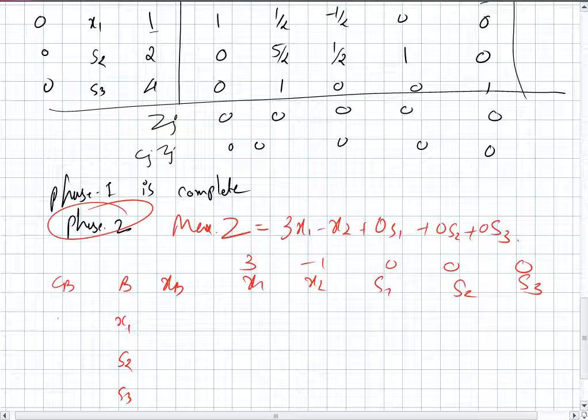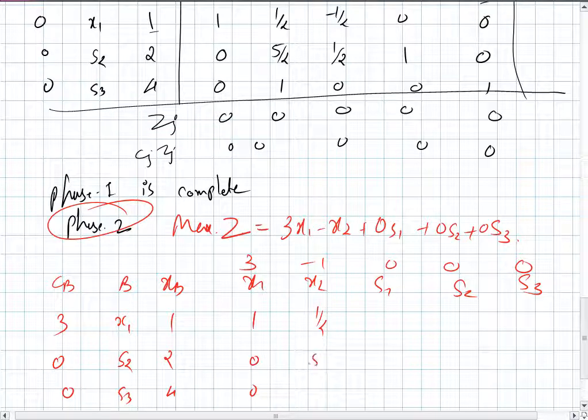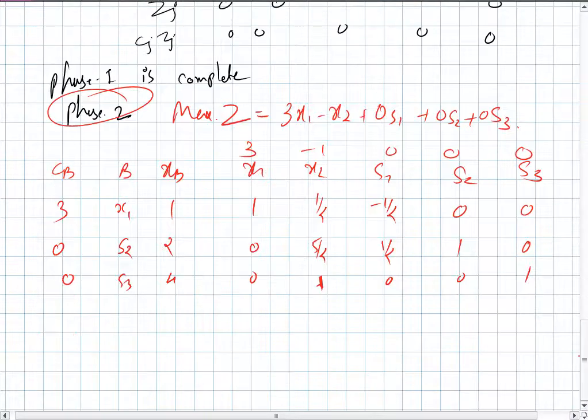The coefficients are 3, 0, 0. The table is the same, so 1, 2, 4, 1, 0, 0, 1 by 2, 5 by 2, 1. Here it is minus 1 by 2, 1 by 2, 0, 0, 1, 0, 0, 0, 1. So we have made a copy of the table.